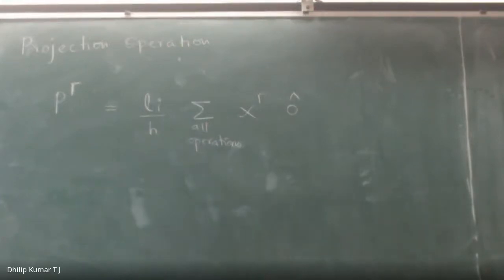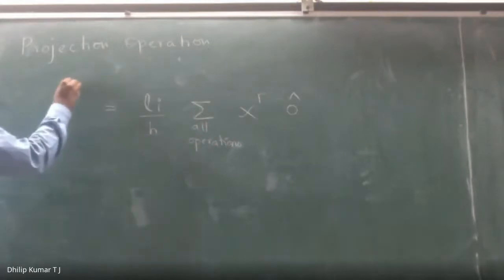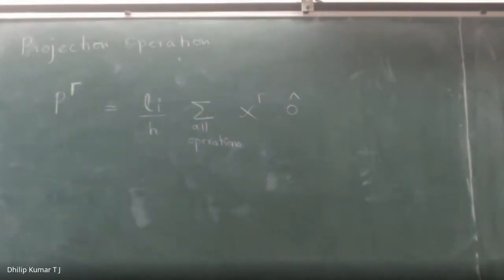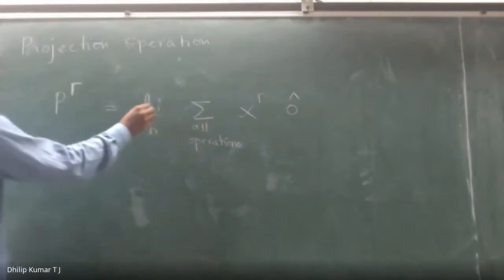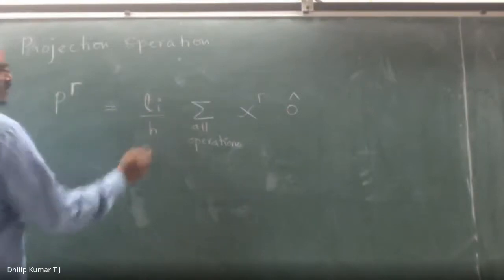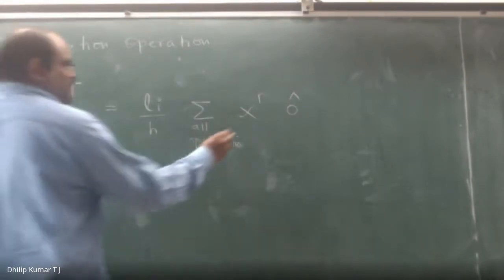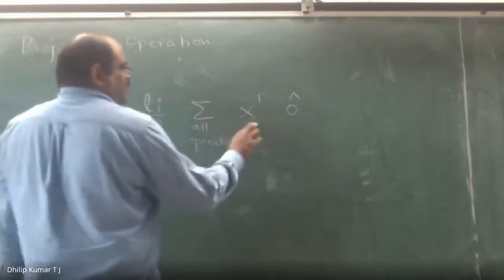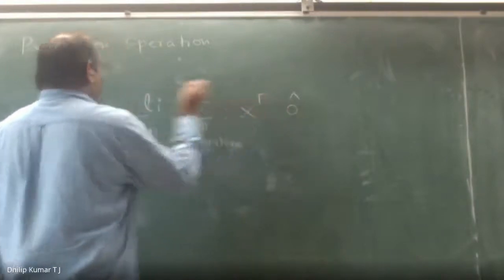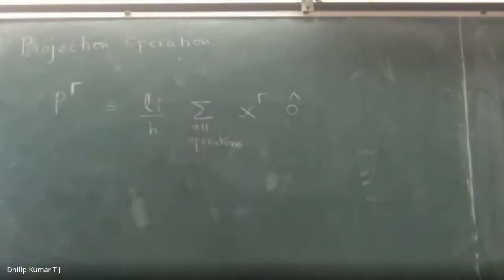So P is the projection operator. In the superscript, it is the corresponding IR, and you know these two terms. It's the dimension of that IR, and h is the order of the group, and sum over all the symmetry operations multiplied by chi into O. So chi is basically the character of the operation. Chi is the character, right? The superscript is the corresponding IR, the character of the IR.